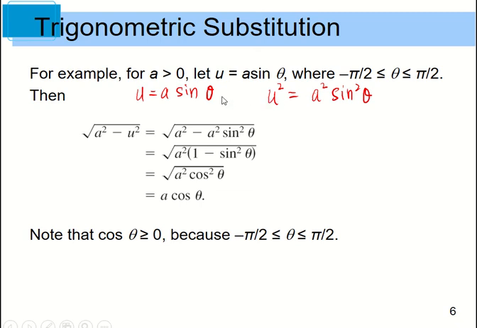We substitute this into u square, and then factorize out a square, so we have a square times 1 minus sine square theta.